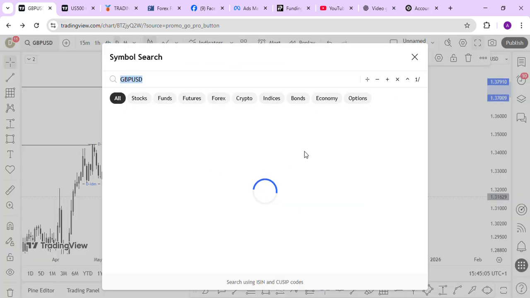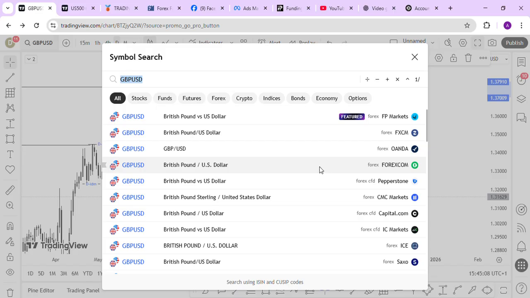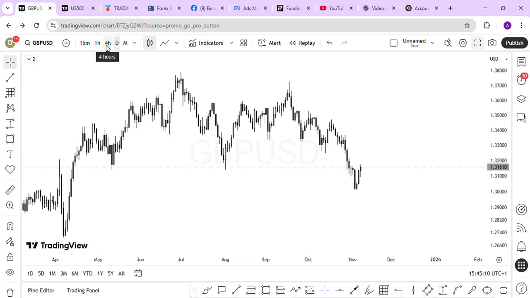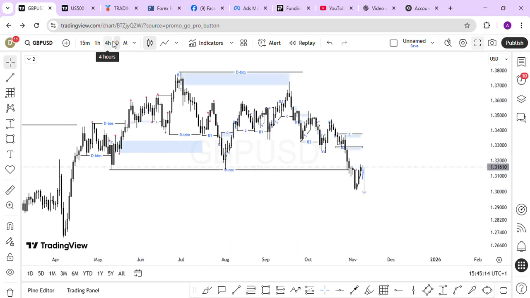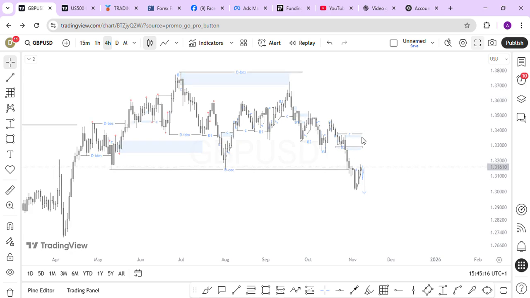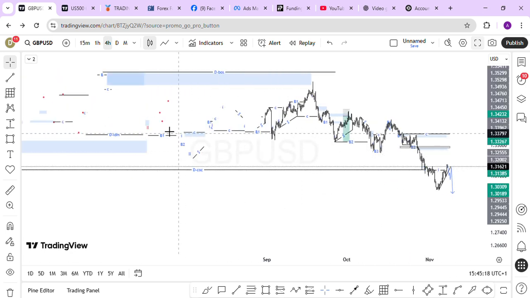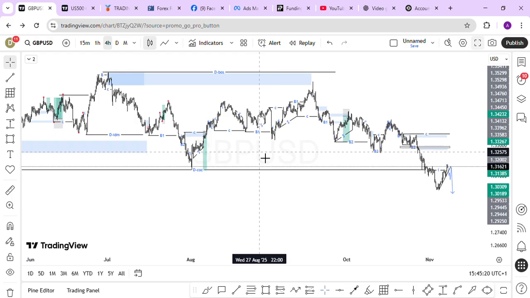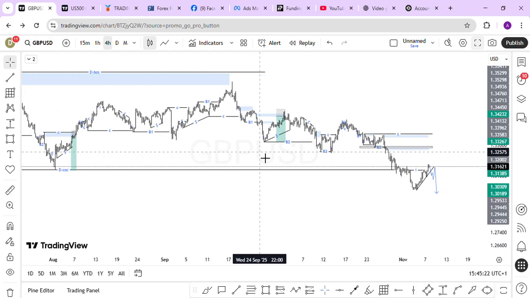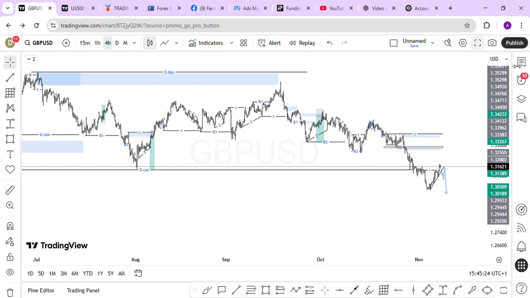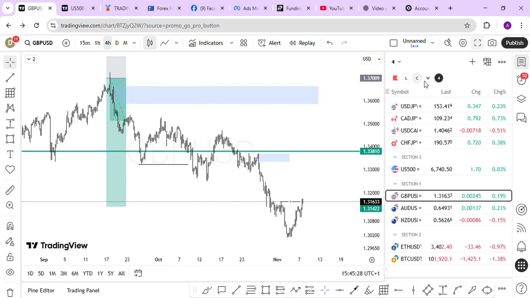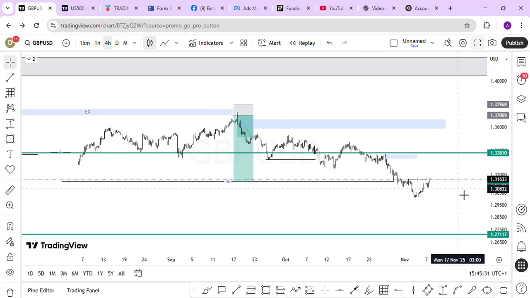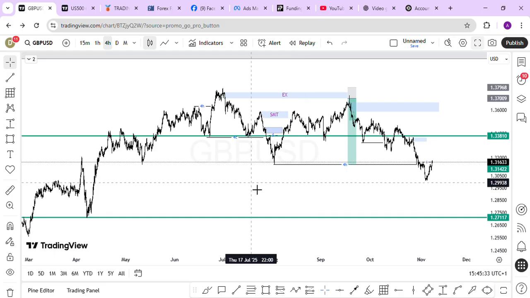If I'm to show you, let me show you. You can see that I had an entry from this level, 4 hours time frame. I think this is not the chart. I have the entry here. Okay, you can see I have the entry from this level. I'm still holding it because of what?